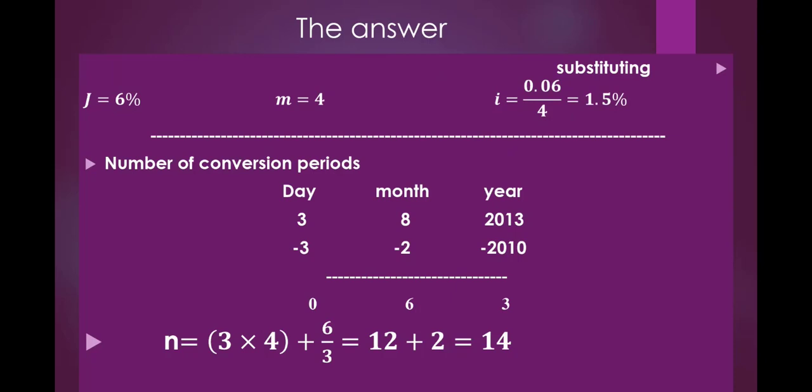So, August 3, 2013 minus February 3, 2010. So the total time is 3 years, 6 months. So N will be equal to 3 times 4 plus 6 over 3, which is equal to 14 periods.